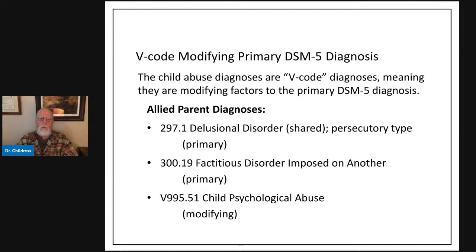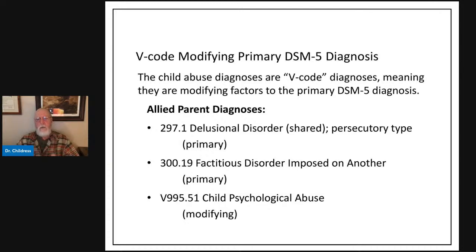So in the family courts with the allied parent, the primary diagnosis would be the delusional thought disorder, shared, persecutory type, 297.1, and a factitious disorder imposed on another, 300.19, and I discuss those in other seminars.